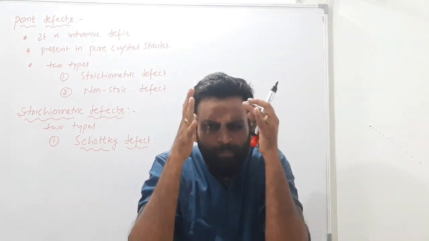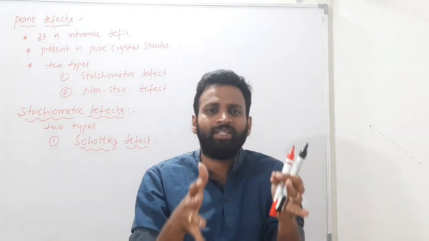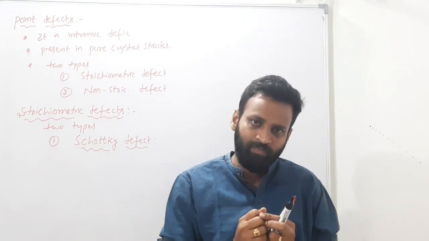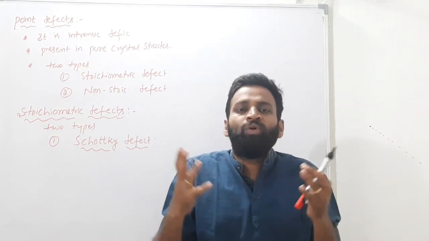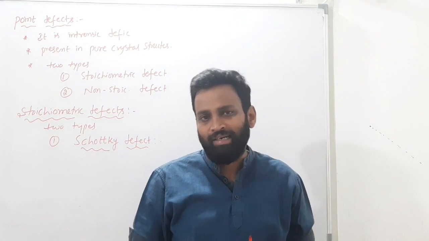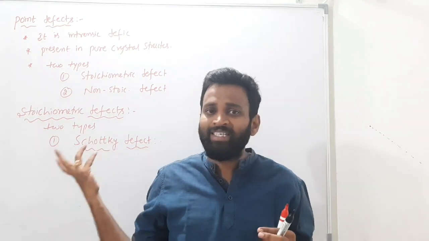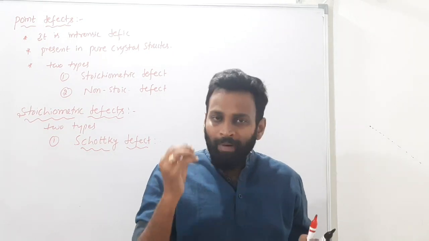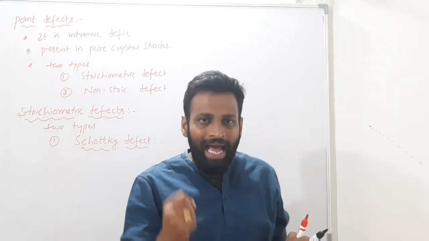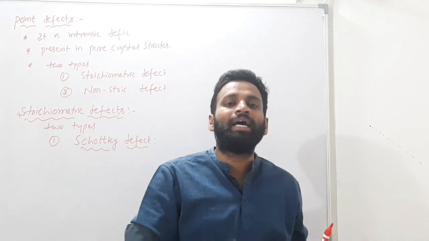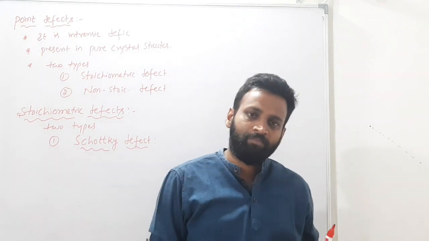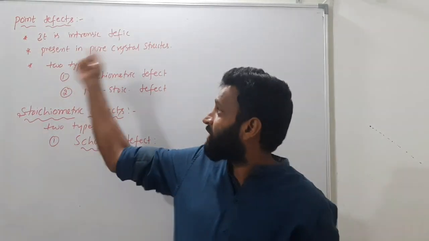Actually, a completely perfect crystal lattice, if you consider, won't show any electrical conductance. Ionic conductance is actually exhibited in ionic compounds, we know. But an ionic crystal lattice that has defects exhibits electric conductivity due to these defects.